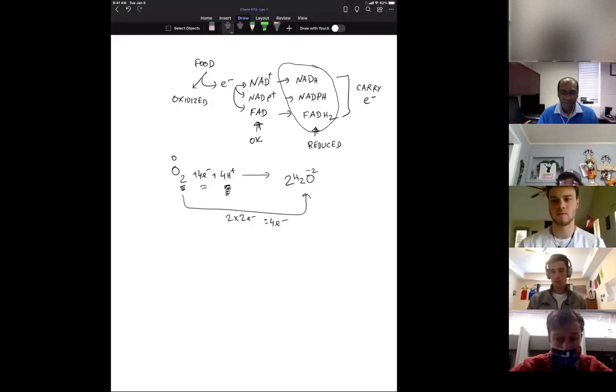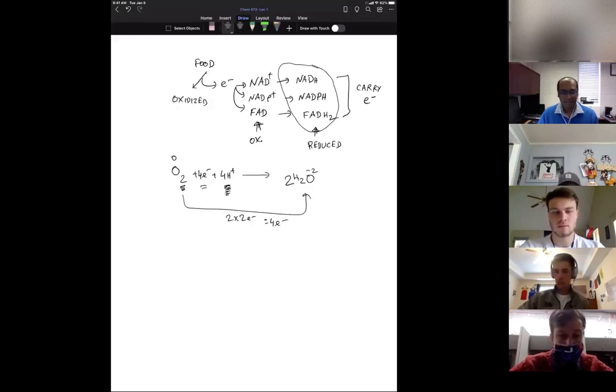Okay, so just one more time, the food we eat gives electrons. That electron is being picked up by oxygen, and the oxygen is being reduced to water. In the process, 4 protons are being pumped across the membrane, and those protons are picked up by ATP synthase to make ATP.